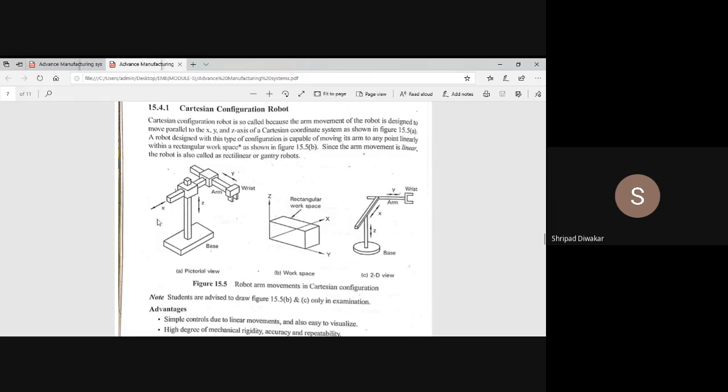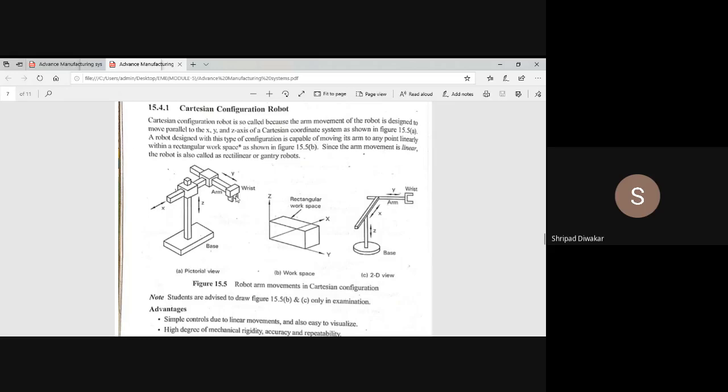So you see, one is the x direction. It can move like this in the x direction, and it can move like this also, and it can move top to bottom or bottom to top, that is the z direction. So the arm can move in three directions: x, y and z. This is your 2D view. We have the base, then the joints, then these are the arms, and this is called the wrist.